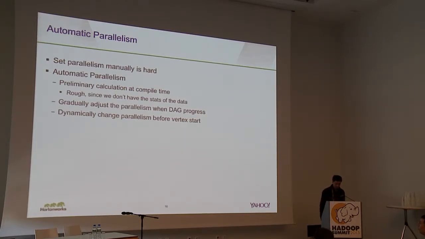So when the DAG progresses, we will find we either underestimated or overestimated the parallelism originally. Vertex Manager provides an opportunity to monitor the DAG progress and adjust the parallelism dynamically.